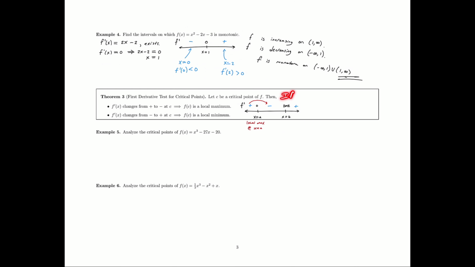Let's suppose that x equals b is in the domain of f, and actually let's rephrase that and say, let's suppose that f is continuous. Let's go ahead and say f is continuous on all real numbers.